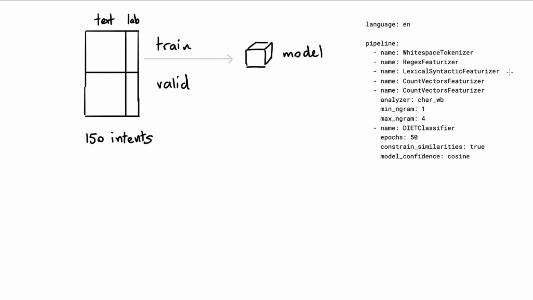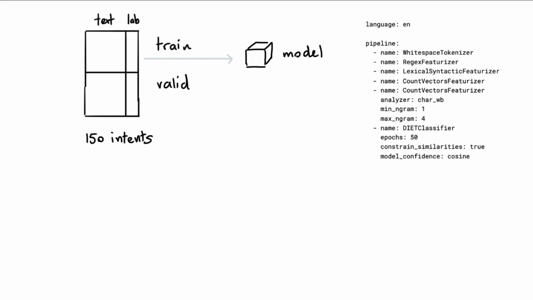The main thing in here is these count vectorizers, and one of them is analyzing the characters, so I'll be looking at subwords as well, and all of that is going to go into this DIET classifier. You might notice that the number of epochs is relatively low, and that's because looking at the logs, I noticed that only after a few epochs there's already a convergence happening. But all in all, this will just be the basic model that I'll refer to.